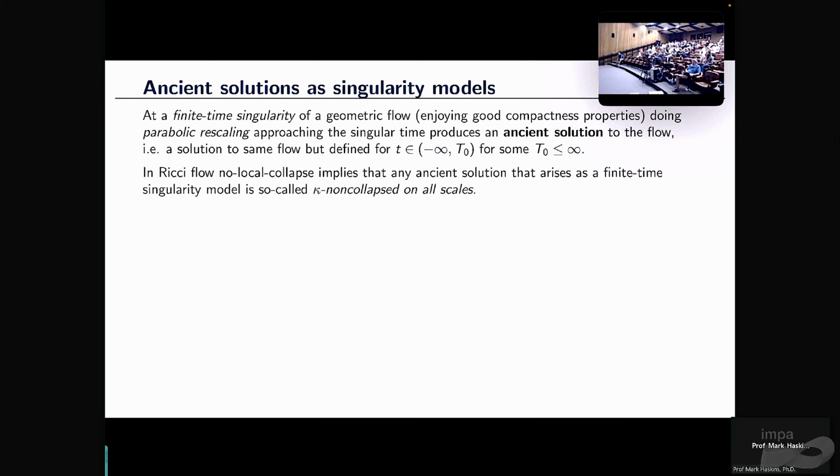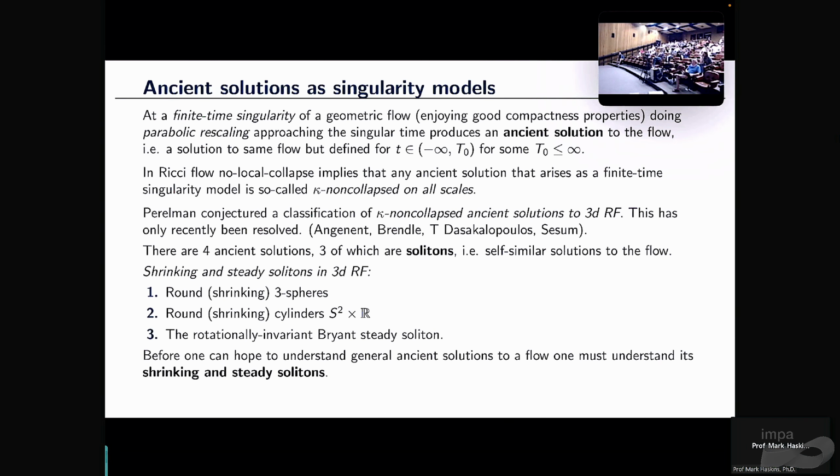So in Ricci flow, because of no local collapse, we don't just see any old ancient solution from finite time singularity models. You see ones that have some kind of non-collapsing behavior. So they're so-called kappa non-collapsed on all scales.